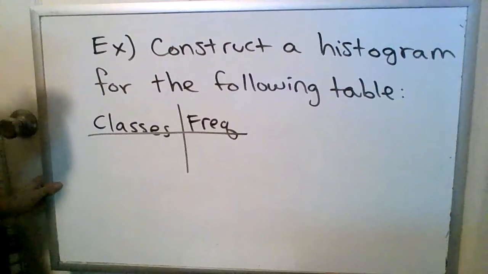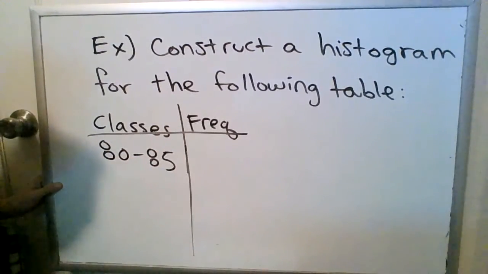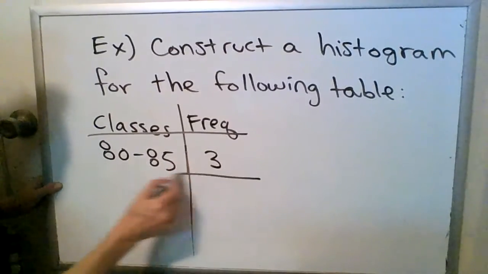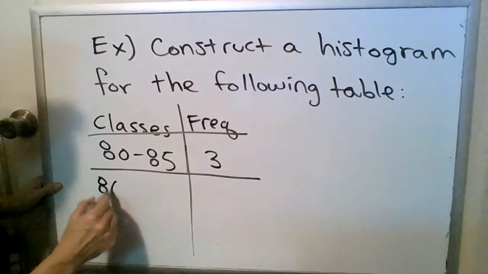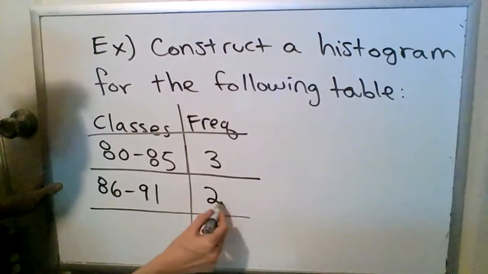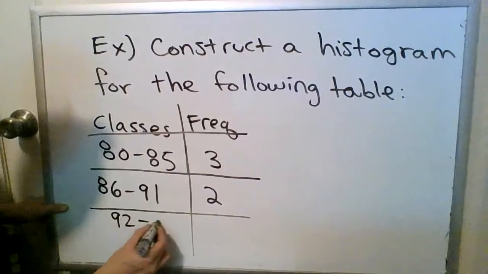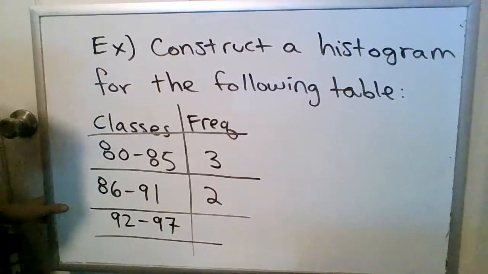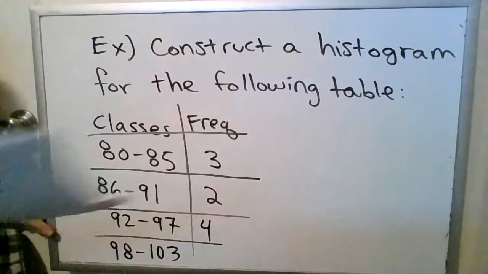The first class is 80 to 85, with a frequency of 3. Then we're going 86 to 91, the frequency is 2. From 92 to 97, frequency of 4. And 98 to 103, frequency will be 6.